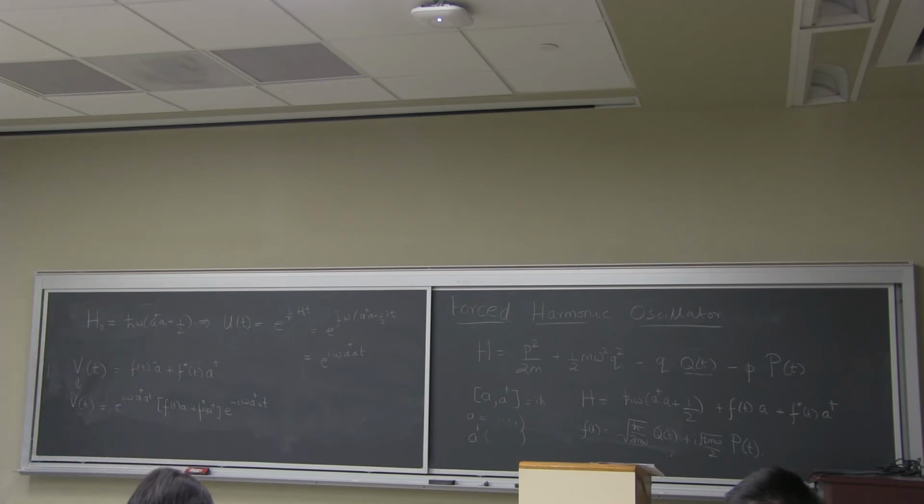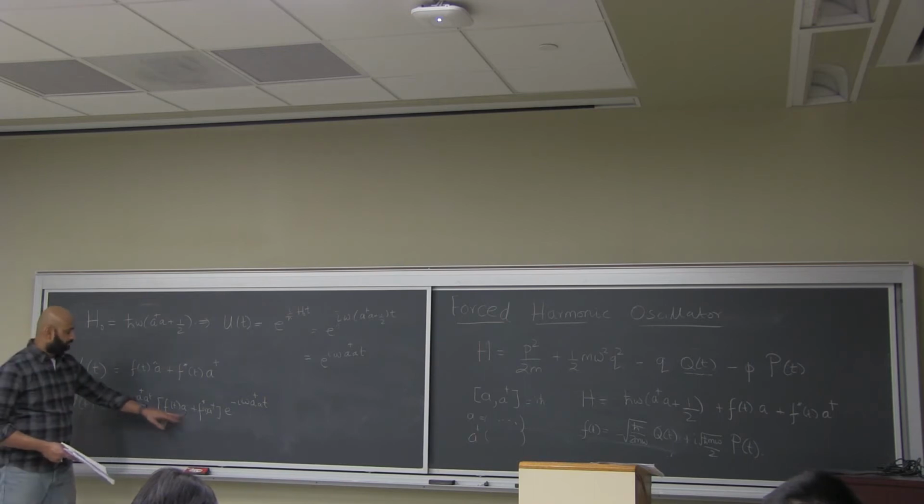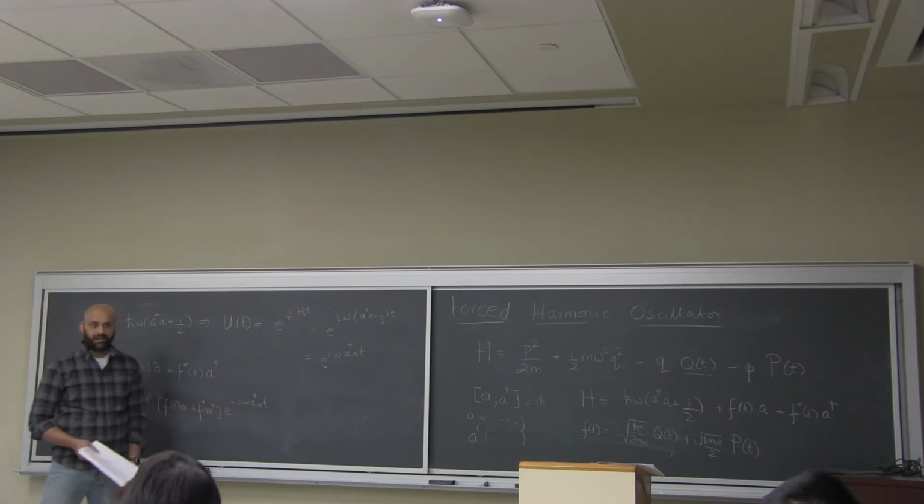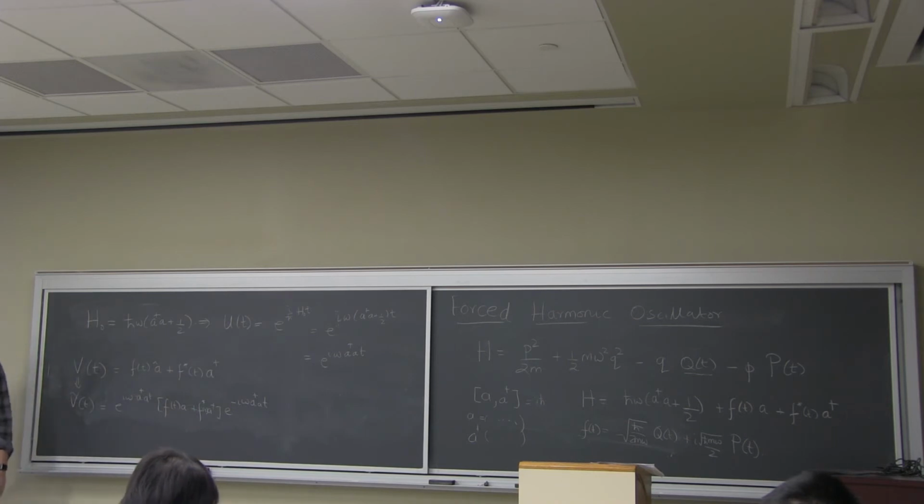Do you guys know of a formula that we could use to evaluate those kinds of terms? Do you remember from your graduate quantum mechanics? e to the A, where A is some operator, times some operator P, times e to the minus A. Do you remember the name of that formula?